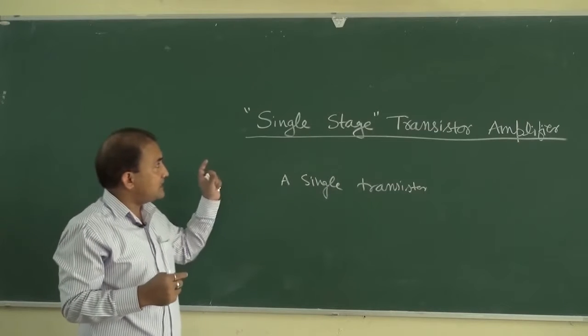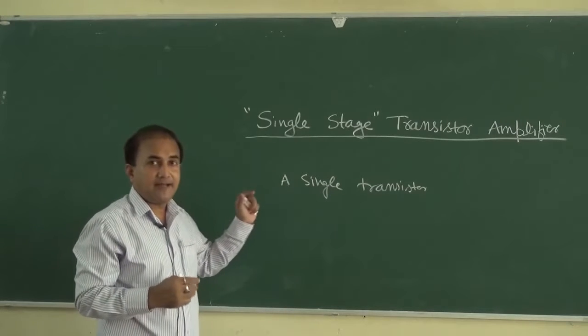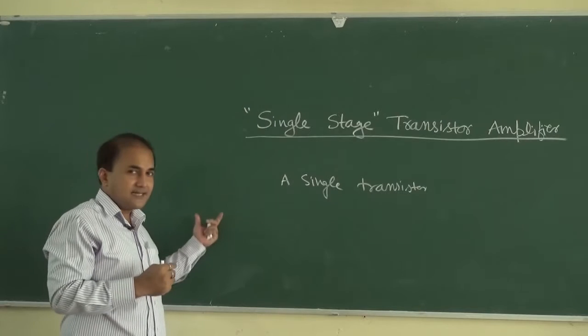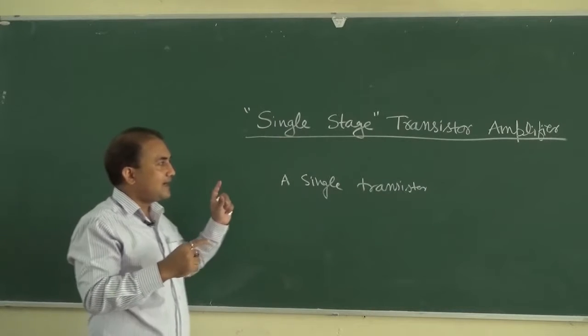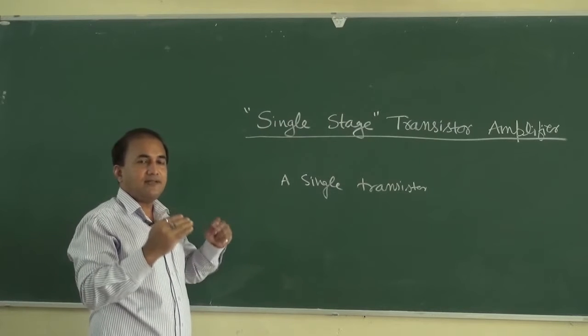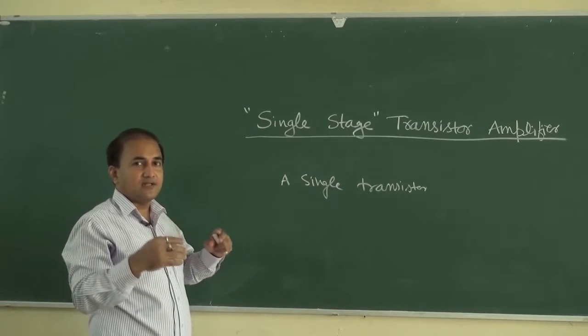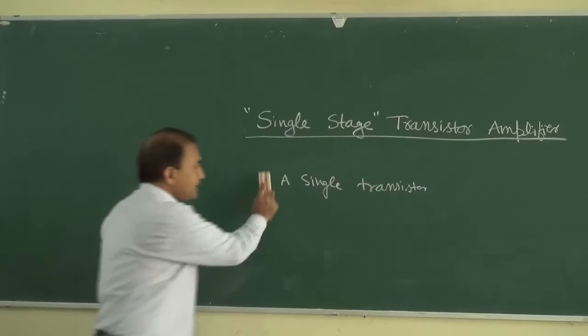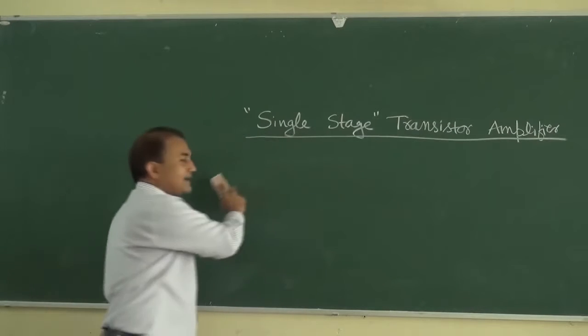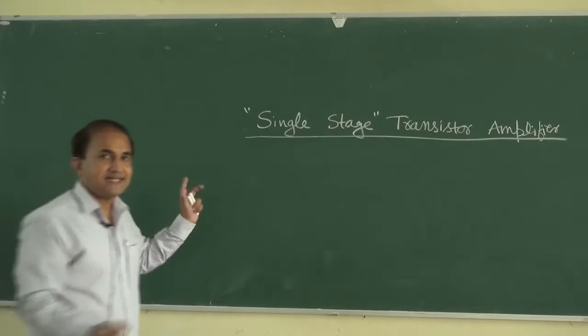Okay, so a single stage transistor amplifier will amplify weak signal and it consists of a single transistor with associated network. So associated network means that it will contain the biasing circuit.